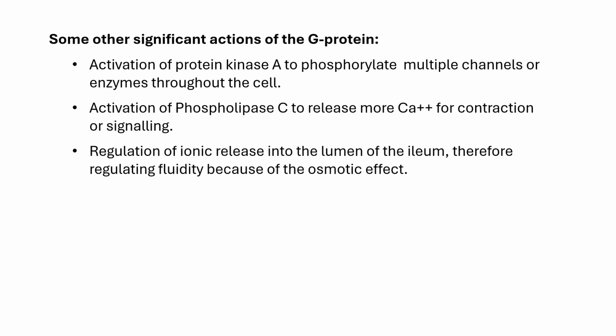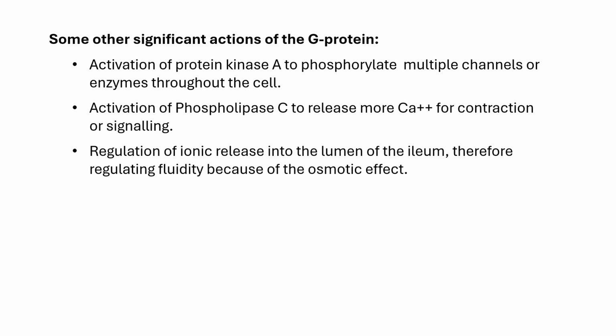Through adenylate cyclase again and cyclic AMP, G proteins regulate the release of ions into the small intestine, the ileum. Because ions are released, water will follow. So the number of ions released regulates the amount of fluid moving into the small intestine.